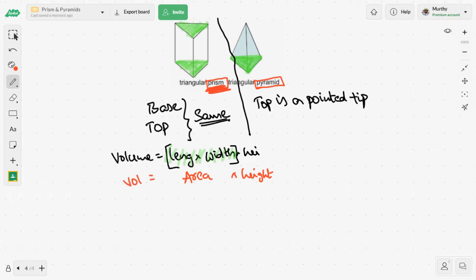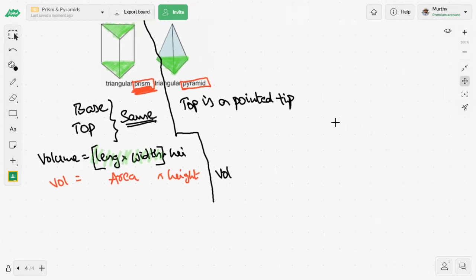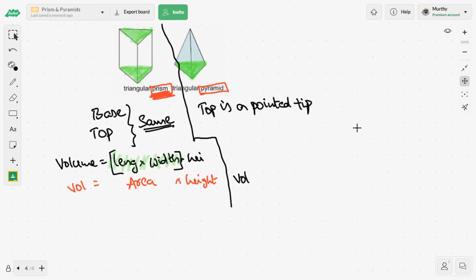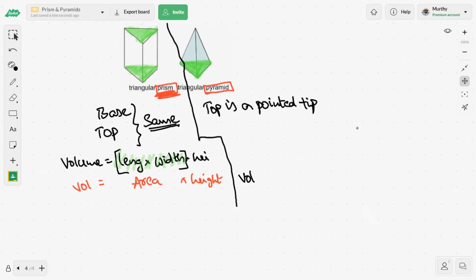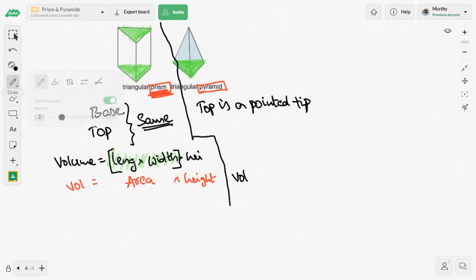Then what is the volume of a pyramid? Let me move the page a little to the left. Volume of a pyramid equals one third area of base times height. Don't worry, I'll give some examples.